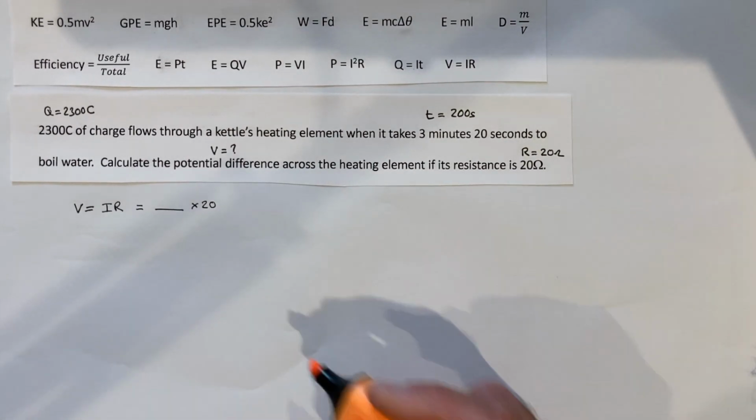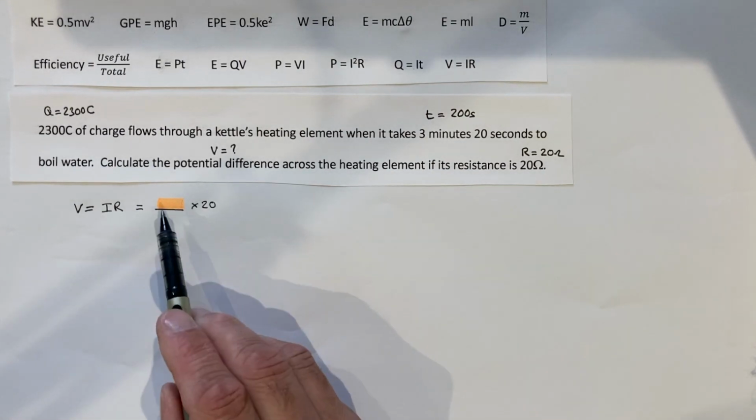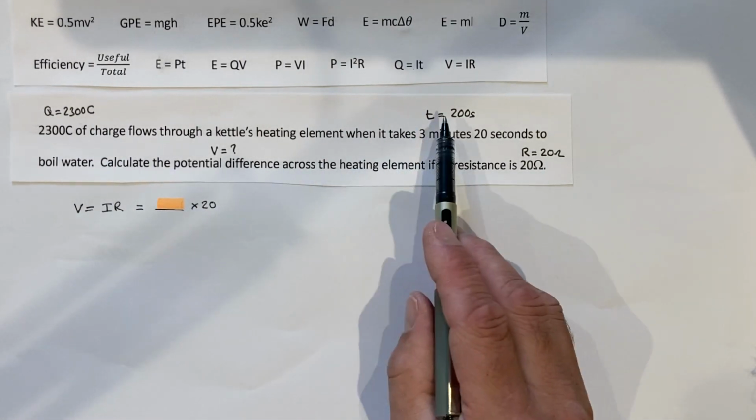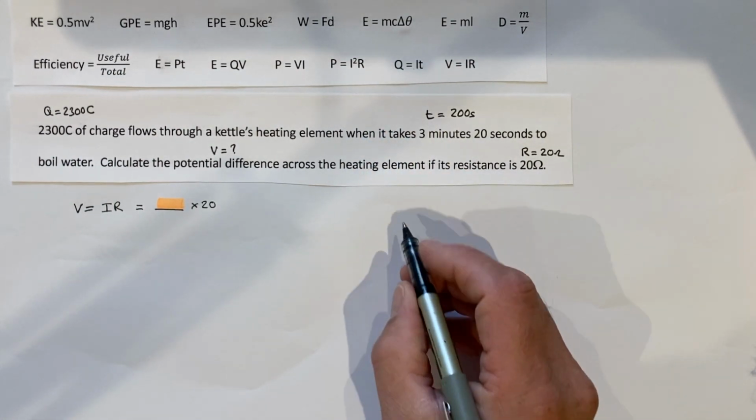So the first thing I want to do is think, have I got something which links current I, Q and T? And of course we have Q equals IT.